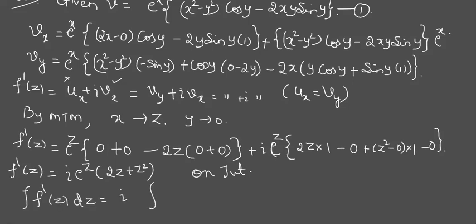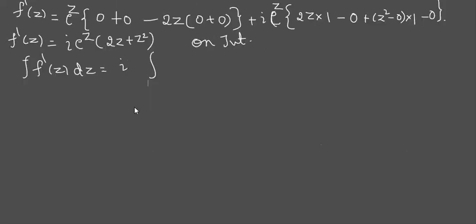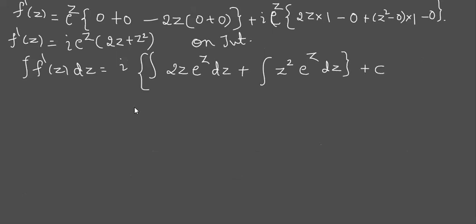While writing, I'll separate it: it is e raised to z dz plus integration of z square e raised to z dz, because now we cannot do it at once. We have to do it separately. Plus add a constant. Integration of f dash is f of z.